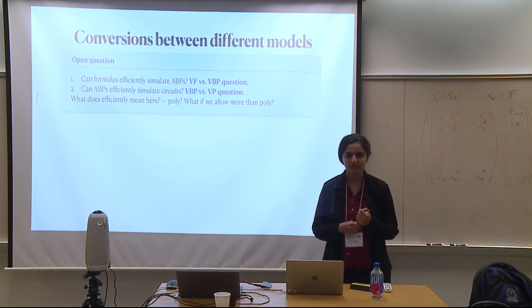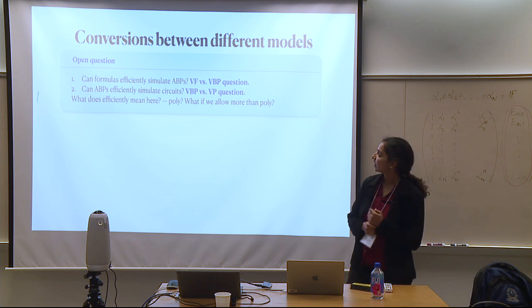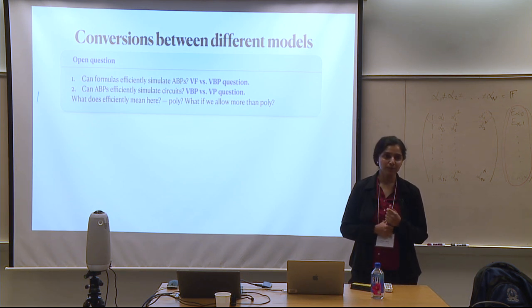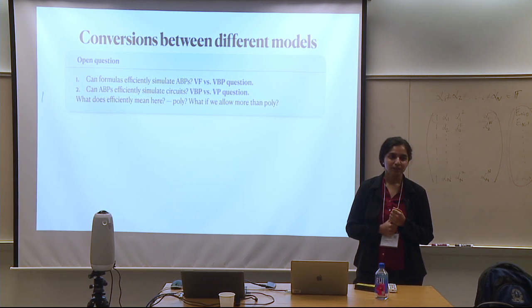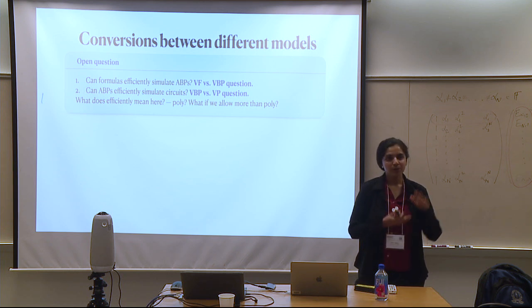All good? Why is VF sharp NC1? So you can always depth reduce a formula. In general, the formula can be arbitrary depth, but we can depth reduce it with polynomial blow-up. So now it's like log depth.